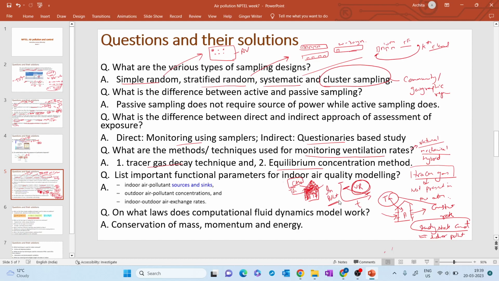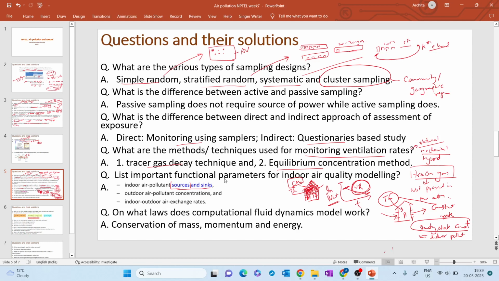Now, the next question is which important functional parameters are necessary to understand indoor air quality modeling. First is source and sink. You need to know, in a household, what the sources of indoor air pollution are.